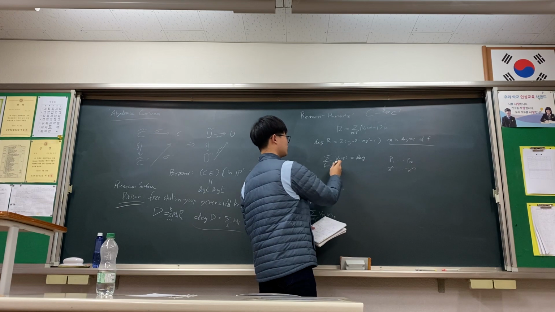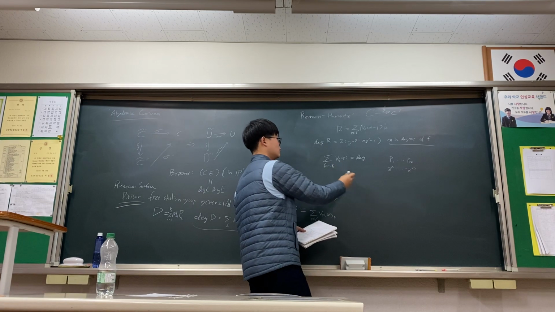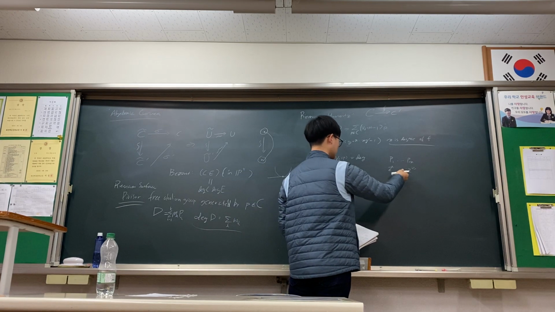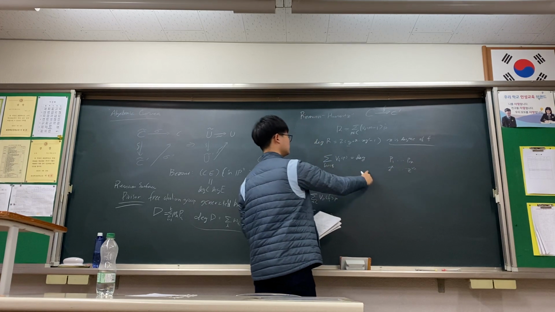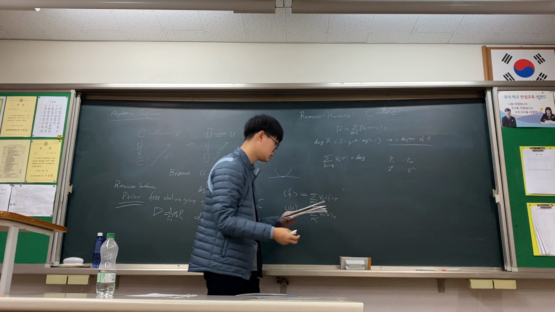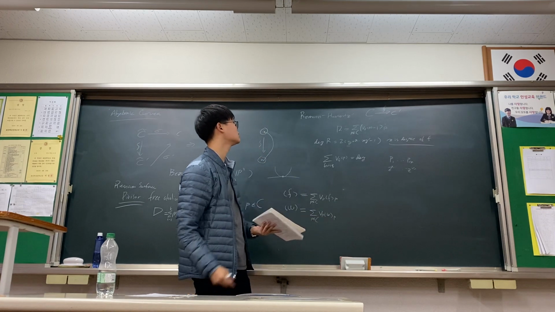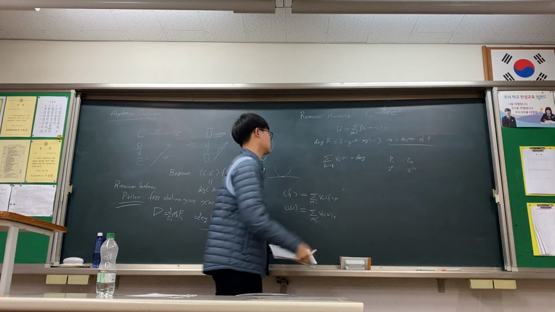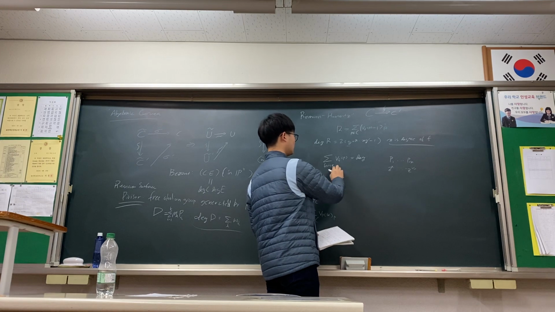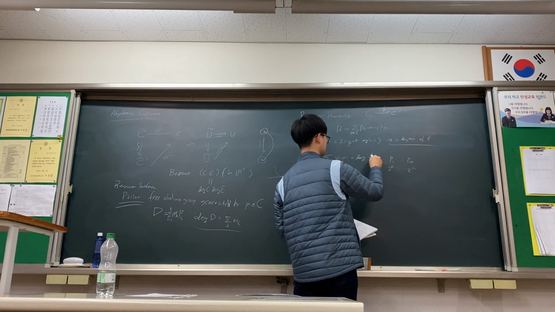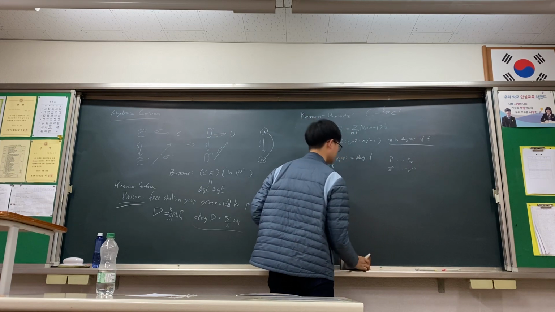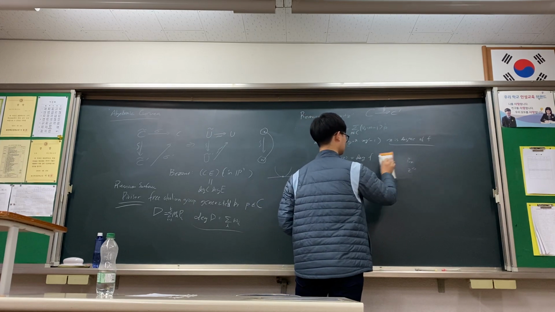Then on the neighborhood of Q, counting multiplicity, the sum will be constant, and since the Riemann surface is connected, this is constant for all the Q values. So the degree is well defined, and that's the basic logic.